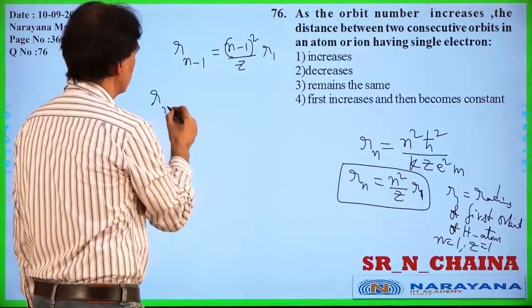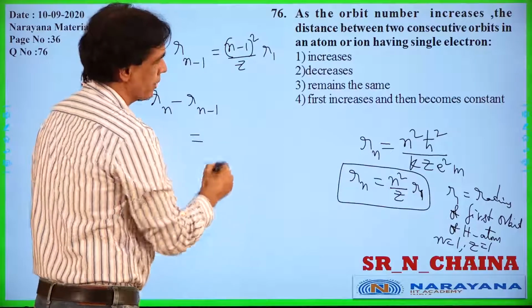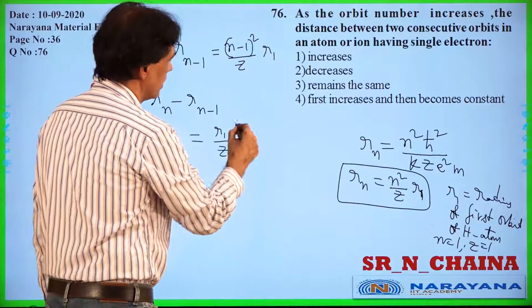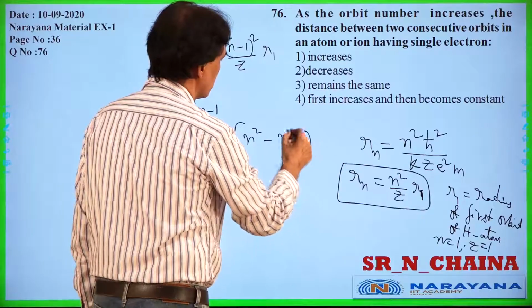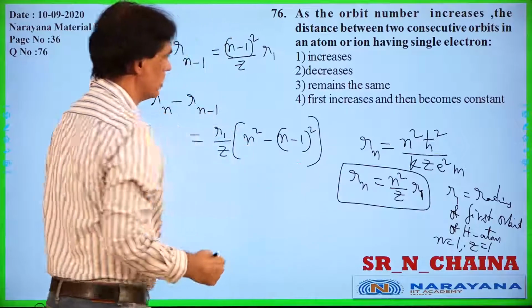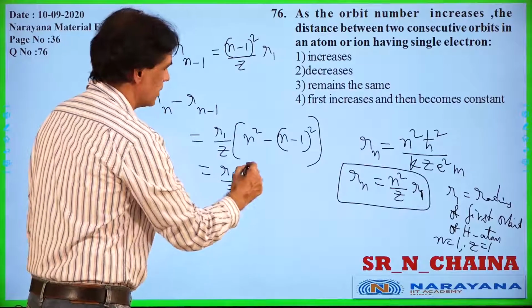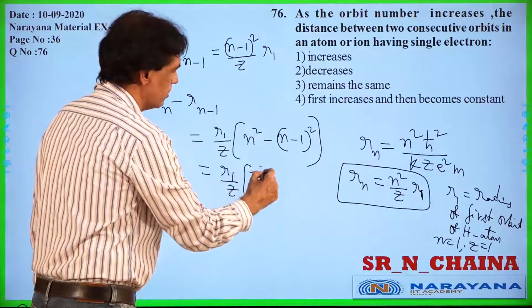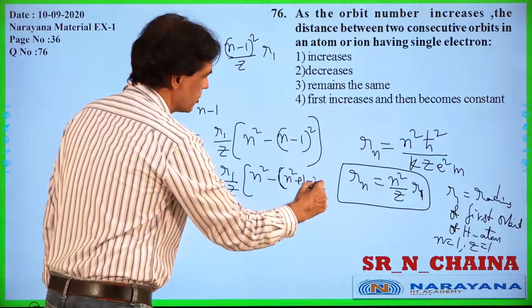So Rn minus Rn minus 1 is equal to, r1 by z is common, I'll take it out. I'll get n square minus n minus 1 whole square. So I'll simplify it further. I'm getting r1 by z into n square minus n square plus 1 minus 2n.